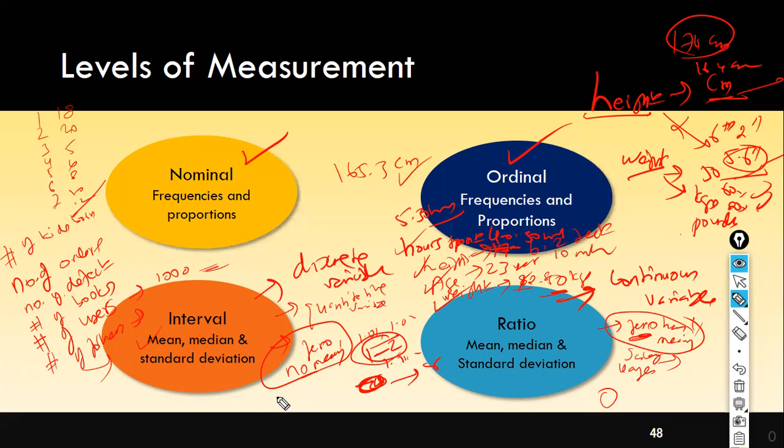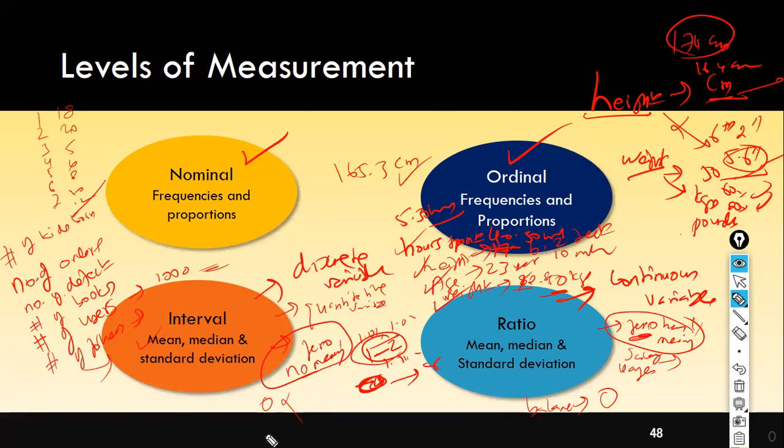Can I ask, what is your height? Can a person have zero height? No, right? Here zero has no meaning, whereas here zero has meaning. If my account balance is zero, it has a meaning. Zero has a meaning in the case of ratio, and in the case of interval, zero has no meaning.